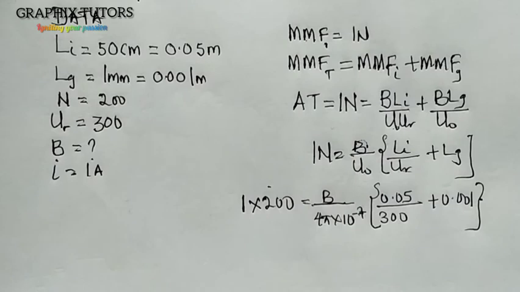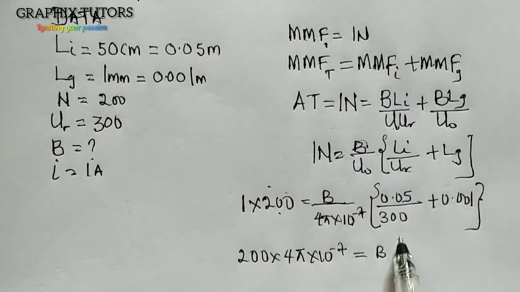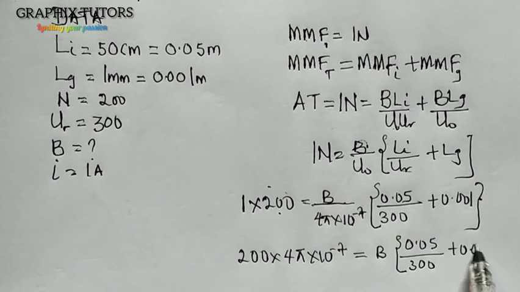Now from here, 1 times 200 is 200. I'm taking this up here, so 200 multiplied by 4 pi times 10 raised to the power minus 7 is equal to B into brackets 0.05 all over 300 plus 0.001.